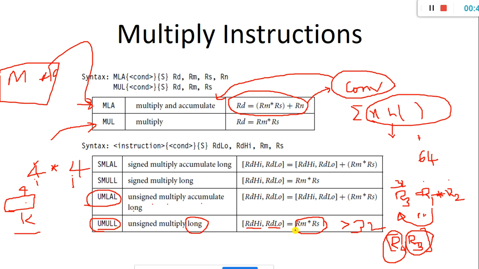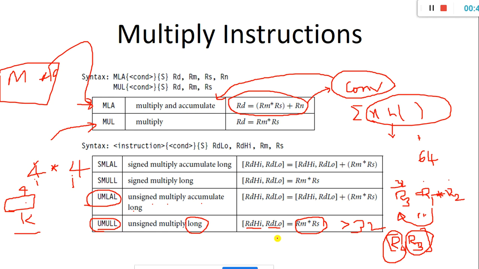Similarly, if you want to perform multiplication of two 32-bit highest values, the output may be greater than 32-bit, but my register capacity itself is only 32-bit.